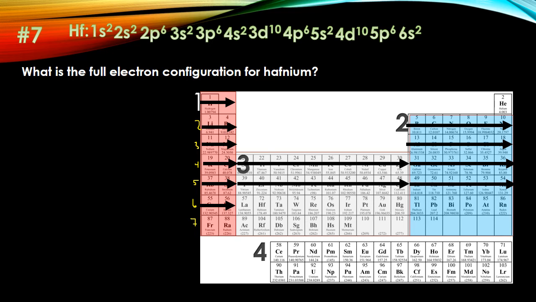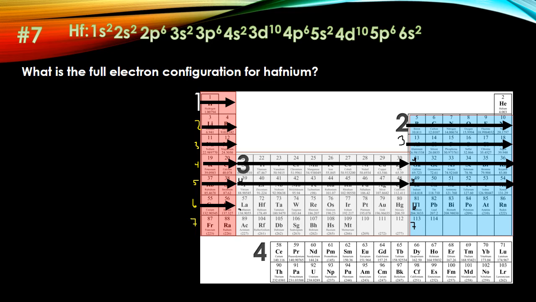And so 2, 3, this one's 4, 5, 6, and 7. The d block starts with the third, which makes this one 4, 5. Oh, wait, here's where things get funny. And let me show you why.